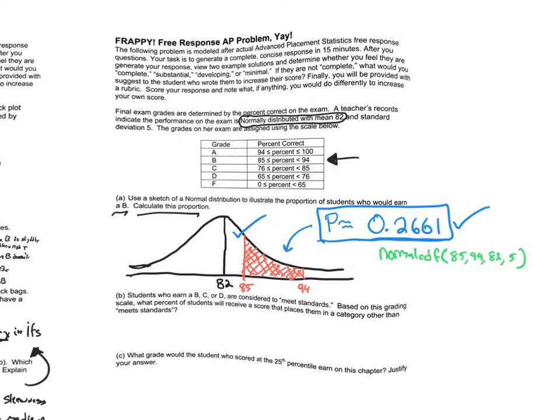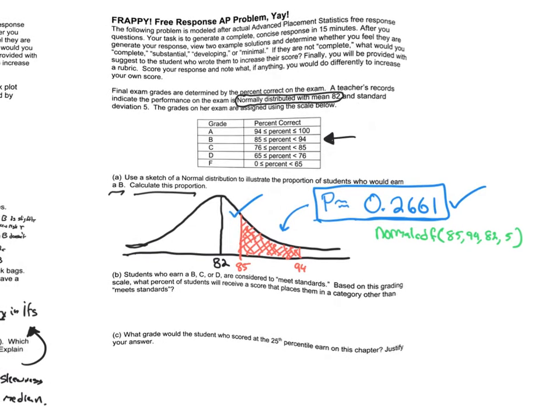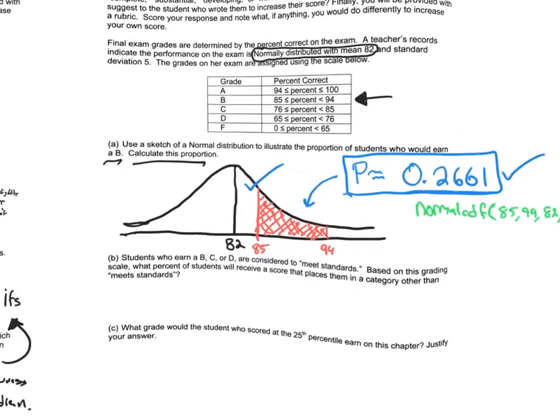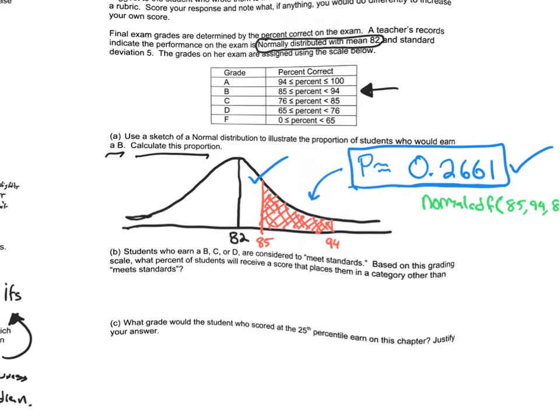All right, part B. Students who earned a B, C, or D are considered to meet standards. Based on this grading scale, what percent of students will receive a score that places them in a category other than meets the standard? So we don't want to meet the standard, right? So here's really what they're asking us. Let's look at our little curve, 82.